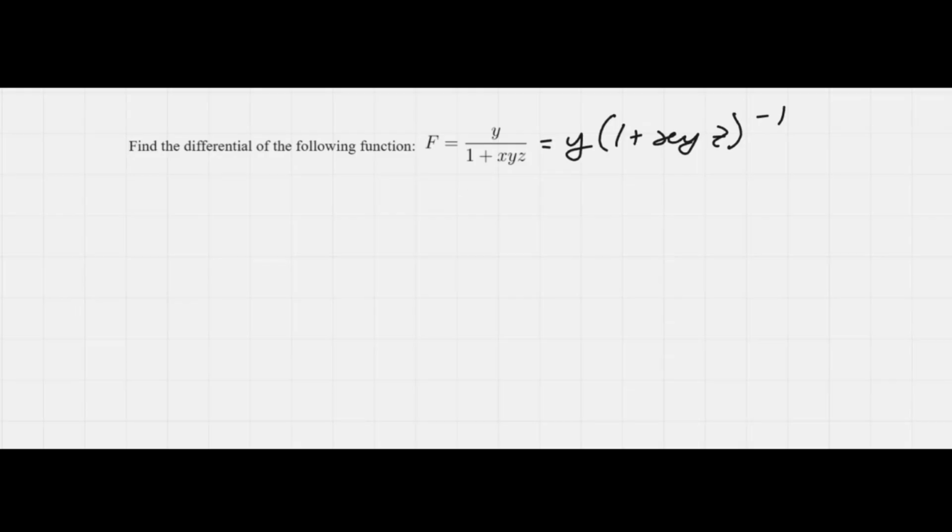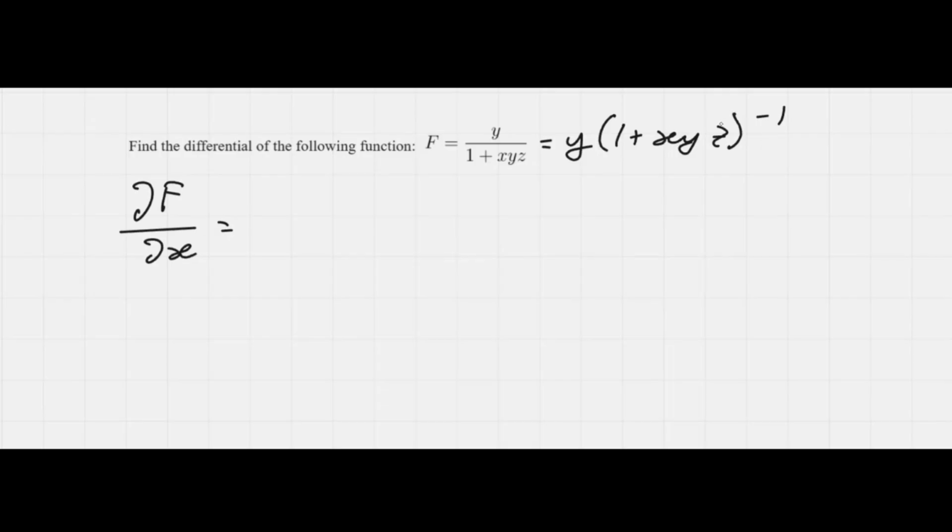First off, let's do the partial derivative of f with respect to x. First things first, we're treating this y as a constant, so we completely ignore it. We go to the x-containing term, treating both y and z as constants. The derivative of this is essentially going to be just yz, because yz is a constant and x is not.